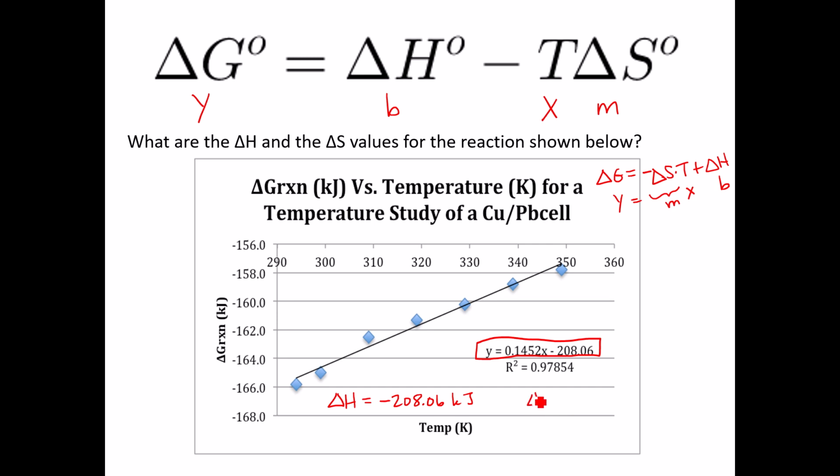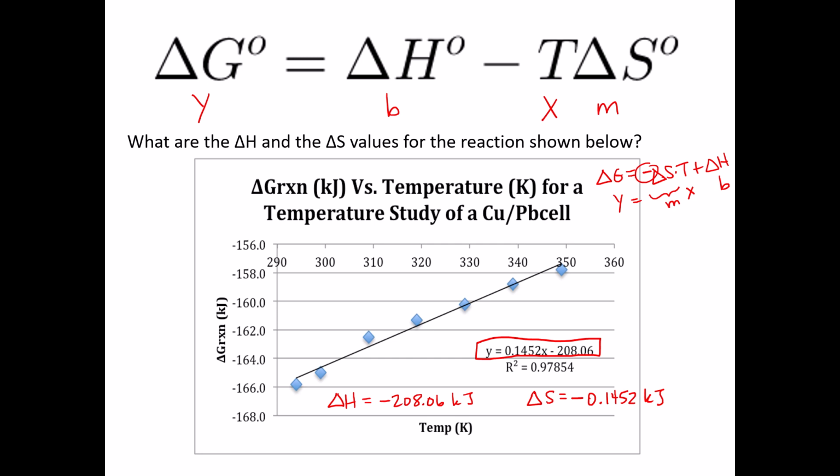And our delta S is going to be the negative slope of the line. So the slope of the line is positive, but our S is going to be negative. So it's the opposite because we have this negative out front. So we're able to calculate delta H and delta S by looking at the graph.